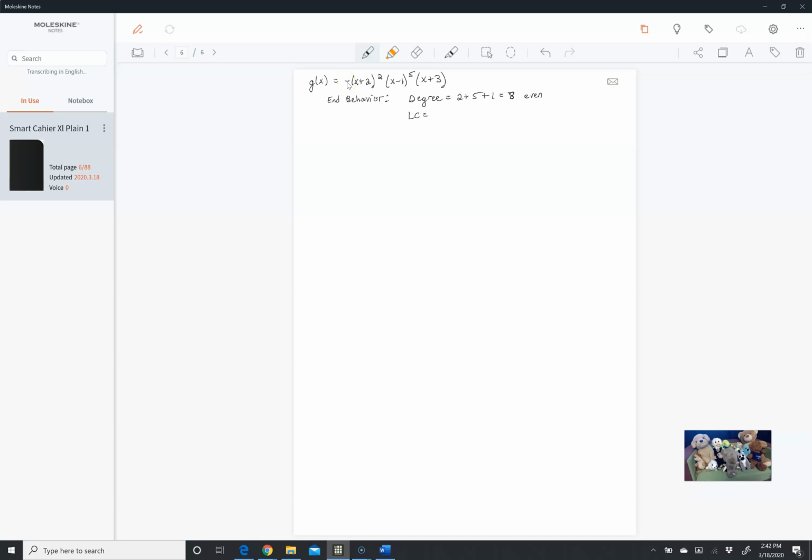So the leading coefficient is -1. And again, all we care about is whether this is positive or negative, and it's negative. So an even degree says both sides are doing the same thing. The negative says that they're falling. So the end behavior says both sides fall.